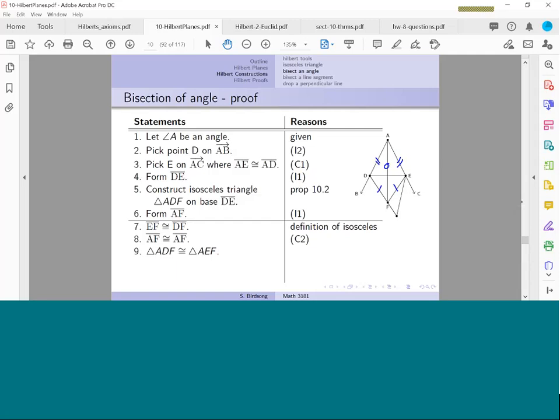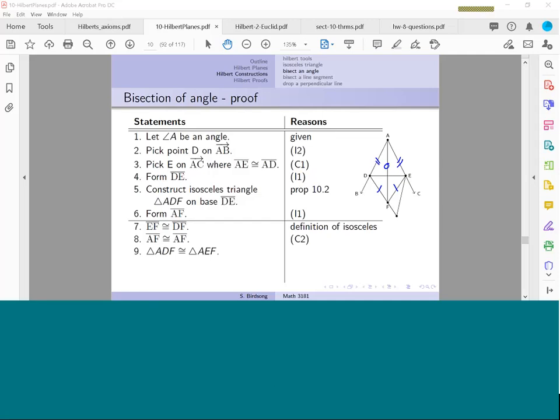Don't overthink it. Do your best guess. And this is why I keep putting the hatch marks on there. They're trying to be helpful. Yep. So we totally feel like we want to use side, side, side here.